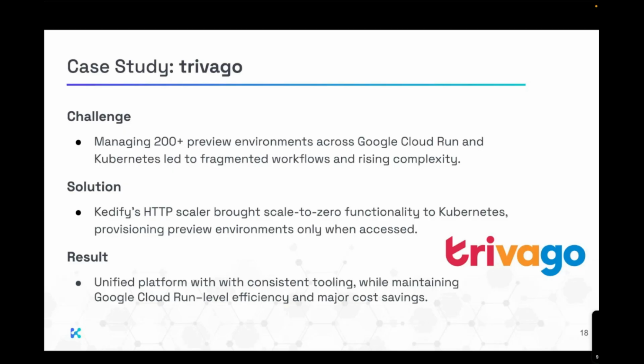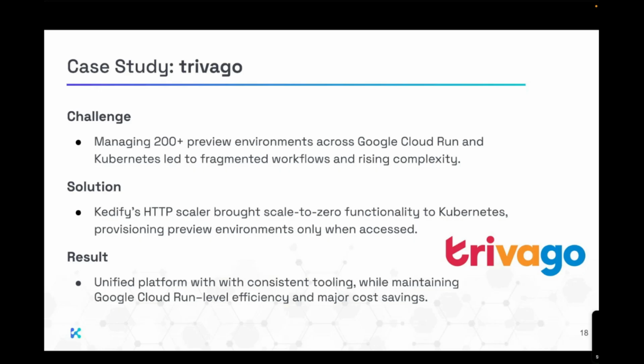If you think about the Trivago platform, which is a booking platform, every developer who develops a new feature opens a pull request, and a new full copy of the application is deployed. And they have 200 or 300 open PRs simultaneously. Devs were using these applications maybe a few minutes a day, and they were sitting there for weeks. So the spend was very huge.